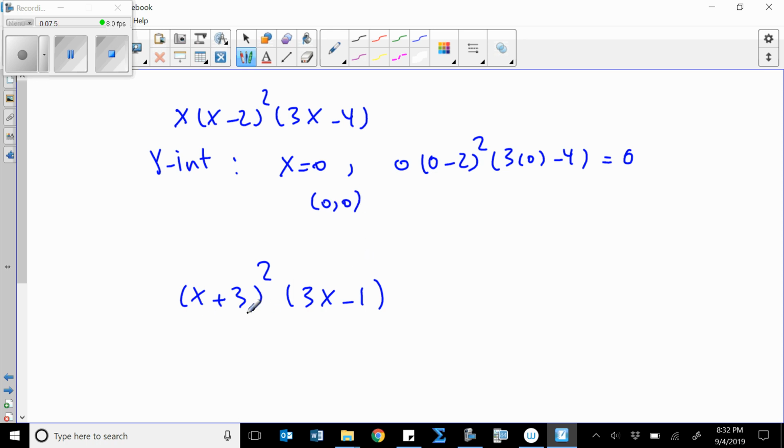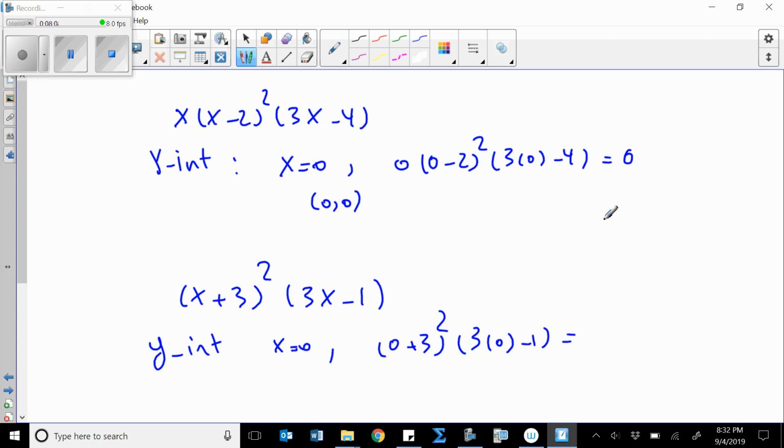In this case, again, we want to find the y-intercept. You set x equal to 0 and replace it here. It's going to be (0 plus 3) squared and (3 times 0 minus 1).